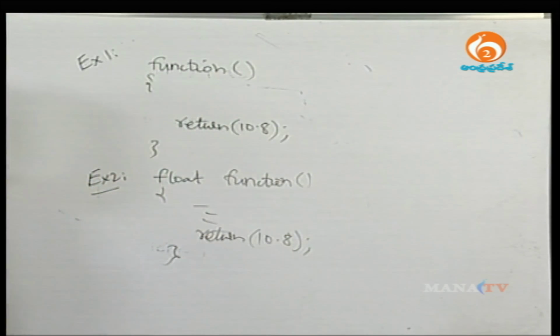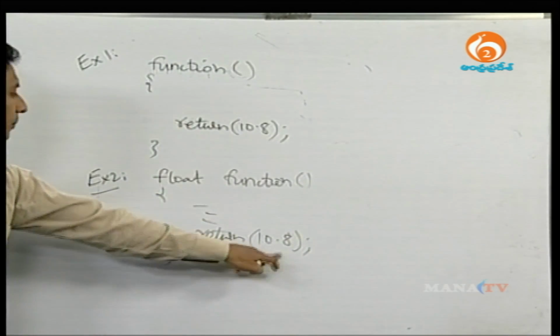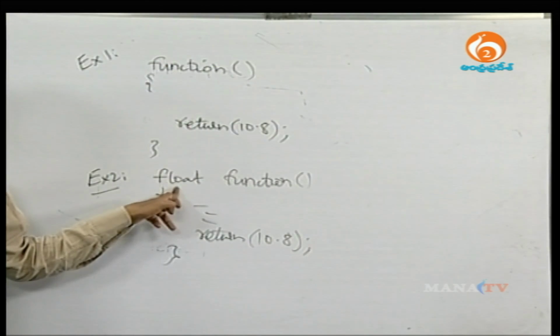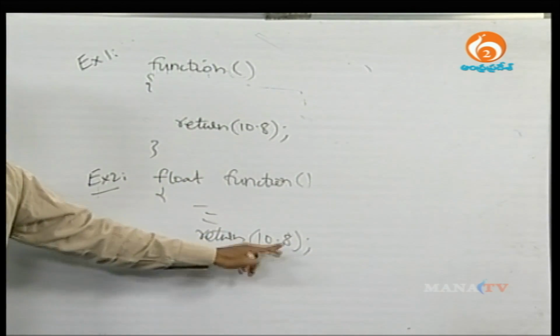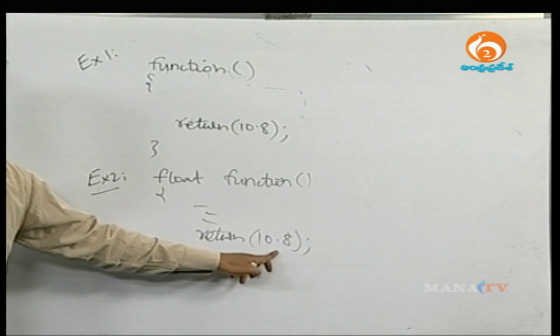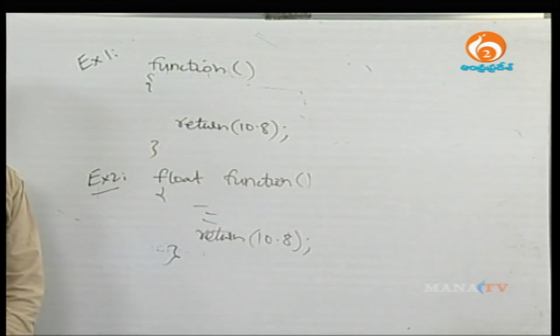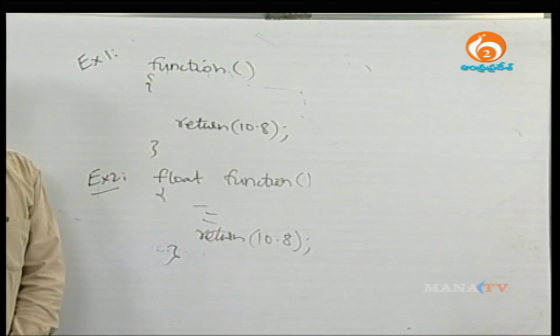Now you tell me what happens here. Now this function returns 10.8 because the return type is float. So based on the return type only we should return, or else whatever you are going to return, the same type should be specified in the return type. Now the function returns 10.8.